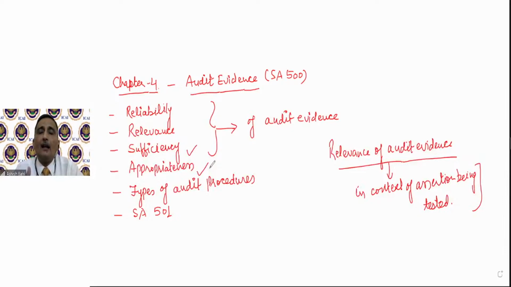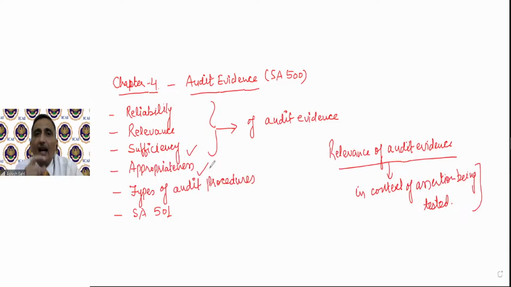सो स्टूडेंट्स, अब जो ऑडिट एविडेंस हम इसको रिलायबिलिटी के साथ कनेक्ट करते हैं, जो ऑडिट एविडेंस हमने अभी समझा है कि जो ऑडिट एविडेंस कंपनी के बाहर से मिलता है, जो एक्सटर्नल ऑडिट एविडेंस है, दैट इज जनरली मोर रिलायबल देन द एविडेंस प्रोड्यूस्ड बाय द कंपनी.